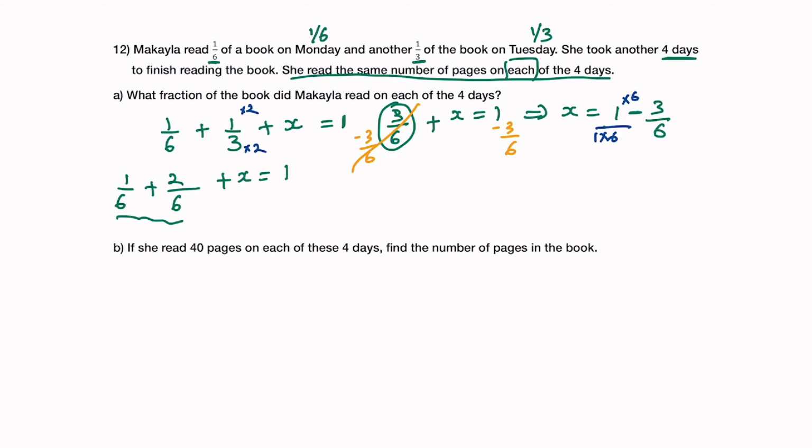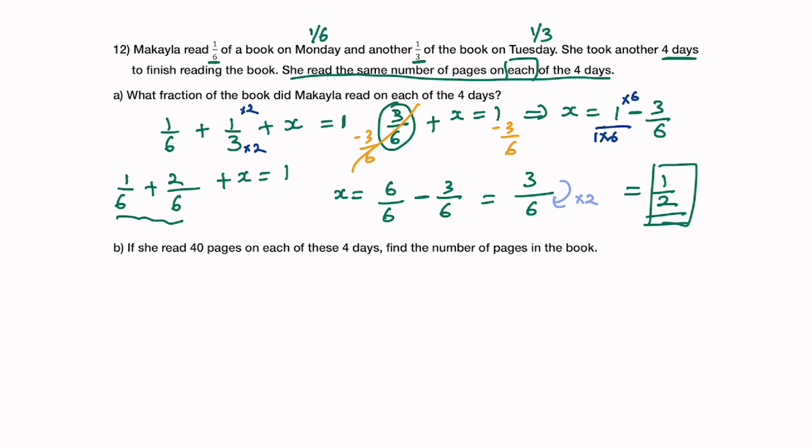So that's 6. So x equals 1 times 6 is 6/6 minus 3/6. Now the denominators are the same, so we leave it as it is and we do the operation with the numerators. So 6 minus 3 is 3. And we can simplify this further, right? Because 3 to 6 is times 2. So this is further simplified and we say this is 1/2.